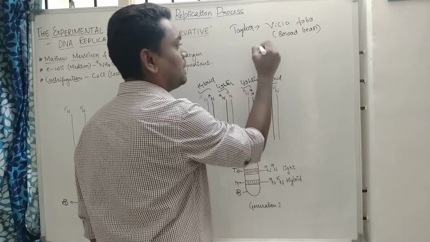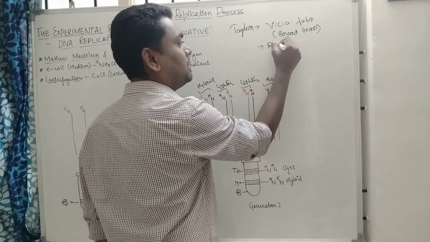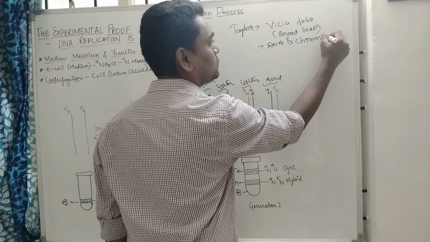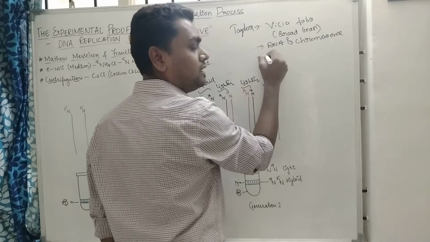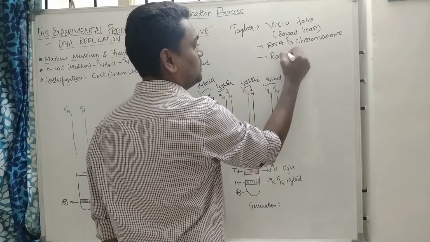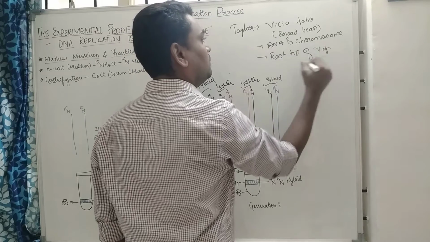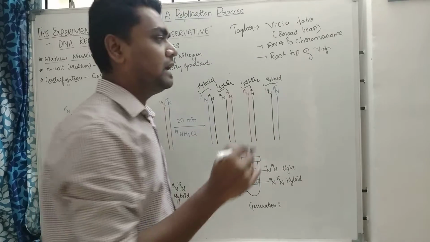He showed DNA is semi-conservative, and he also did it on chromosomes. He considered the root tip of Vicia faba. Okay, he took the root tip.